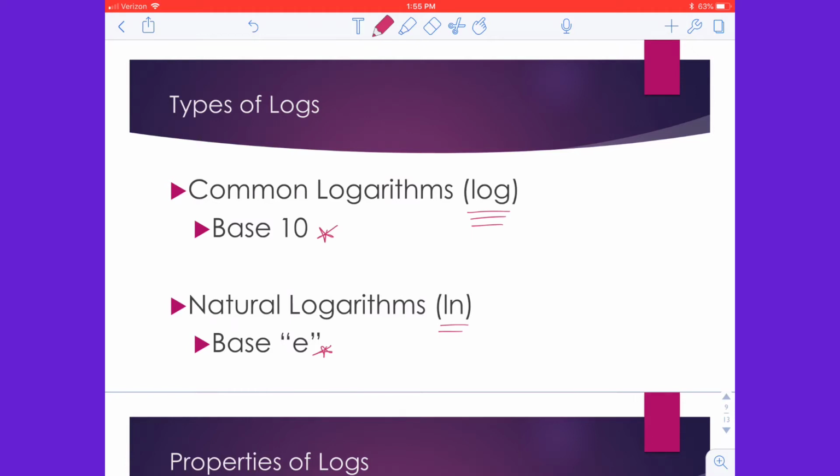It is Euler's number. It's represented by about 2.7 rounded. But a natural log will be written like ln of 2, and again, it has an understood base of e. And logs will be written as log of 2, and it has an understood base of 10, even if you don't see it there.